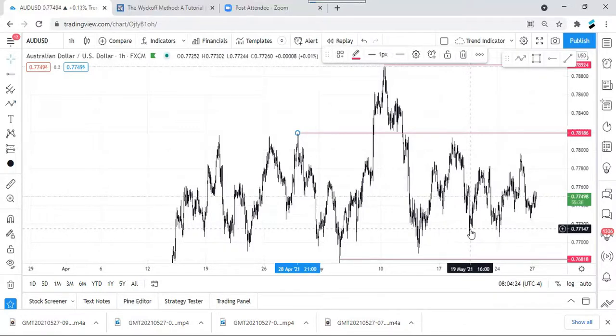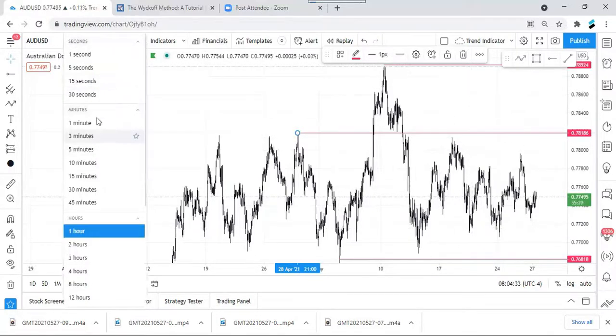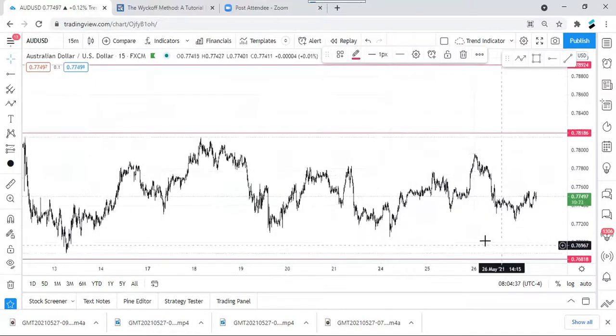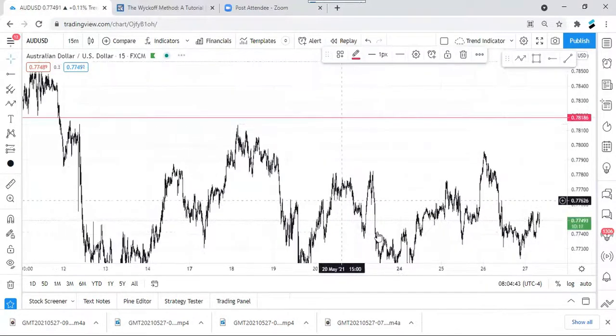Now we go down to a lower time frame, say the 15 minutes time frame.